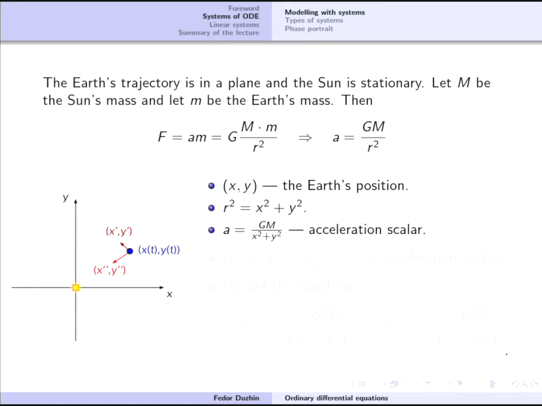So acceleration as a scalar, that's the acceleration from Newton's law. But that's a scalar.